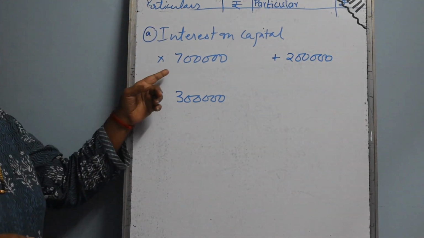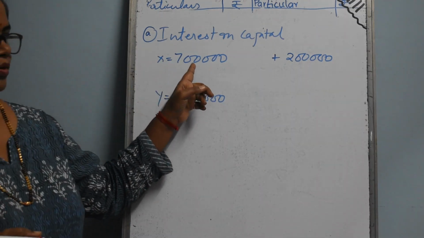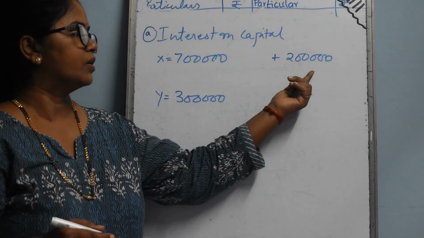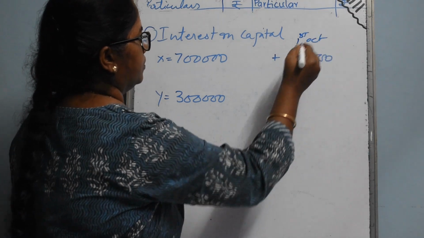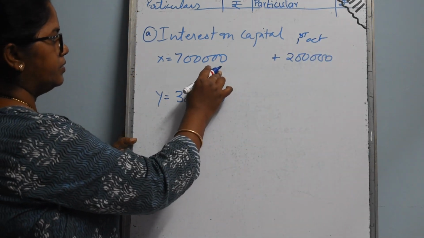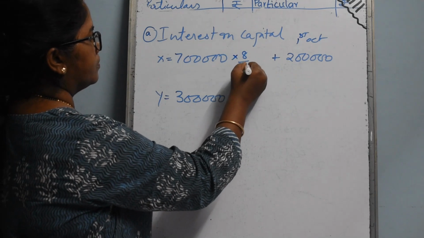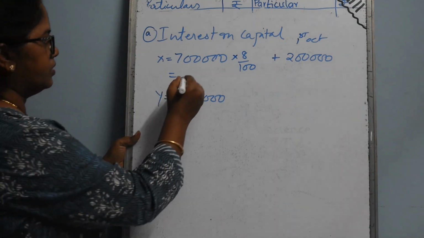So on both these amounts you have to calculate interest on capital for X. One, he has his opening balance, and second, he is bringing additional capital on 1st October. On the opening balance, we have to calculate interest at 8% for the full year. It will come to 56,000.